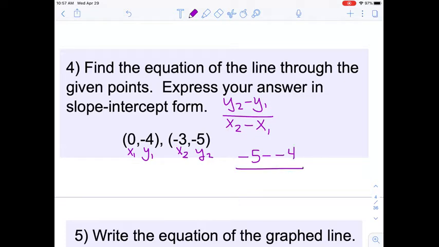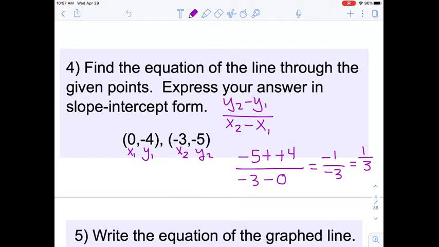So y2 is negative 5 minus negative 4 over negative 3 minus 0. So all I did was plug those coordinates into my equation. Now I have negative 5 plus 4, so negative 1 over negative 3, and a negative over a negative is a positive, so my slope is 1/3.